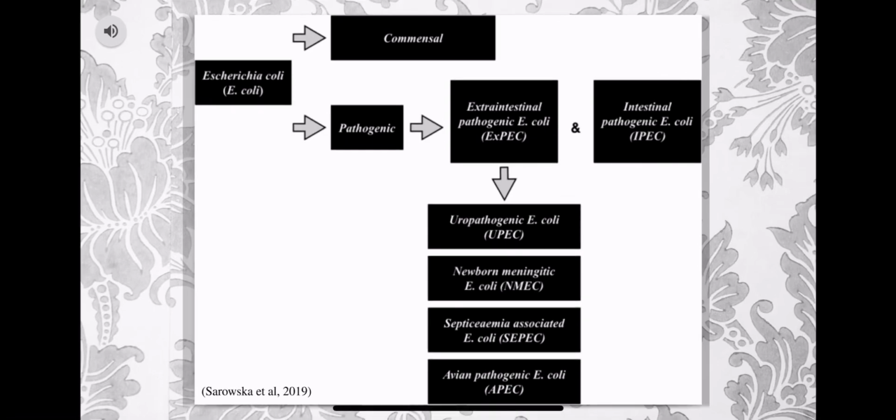This flowchart demonstrates E. coli and how it has its commensal form, which lives in harmony within a human body, and pathogenic mutations that can develop from the E. coli that lives in the intestinal tract to become extraintestinal and go on to become urinary tract infections, bacterial meningitis in the nervous system, septicemia, which is essentially blood poisoning that leads to sepsis, or avian pathogenic E. coli, which is a serious respiratory infection among birds such as ducks, geese, or chickens, and it is transmissible to humans.